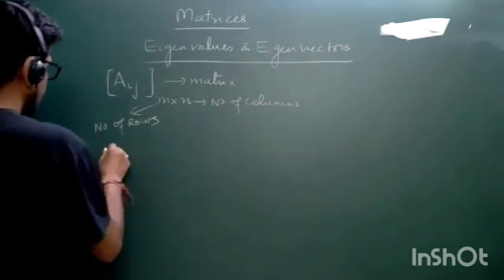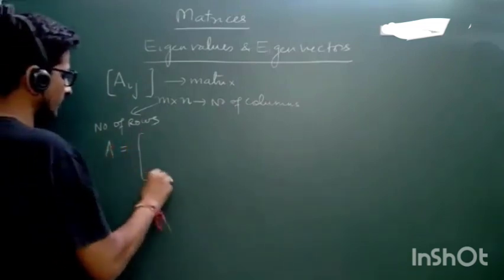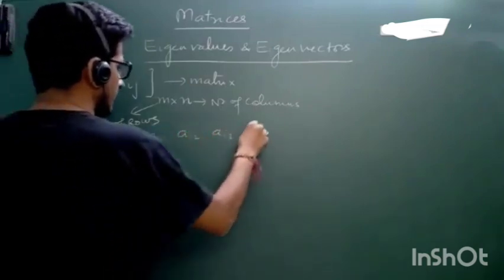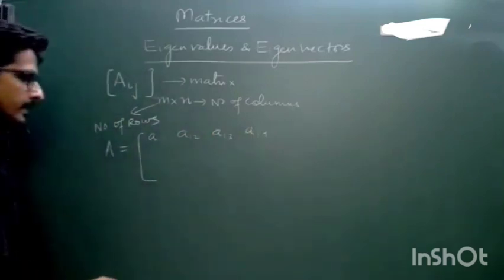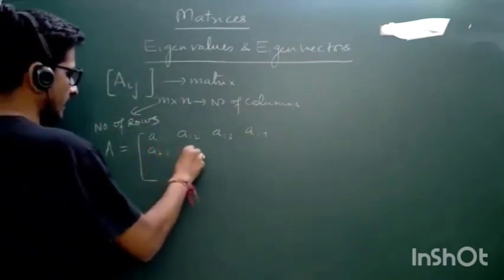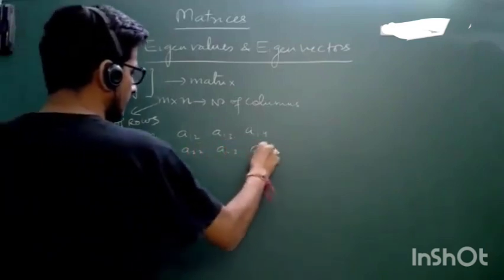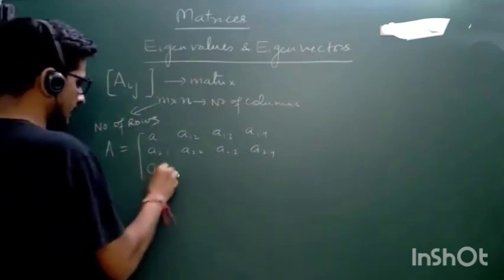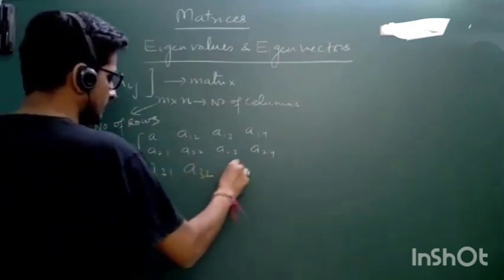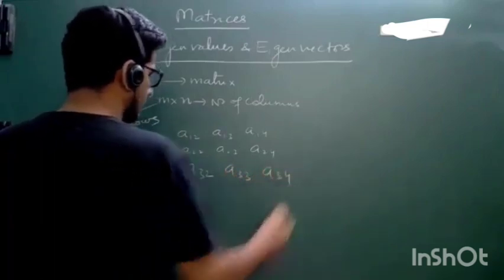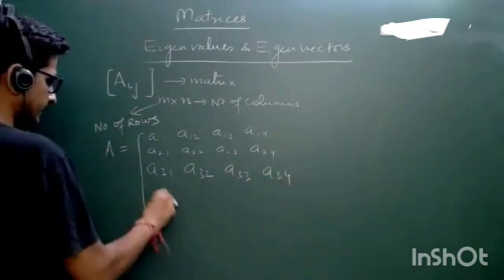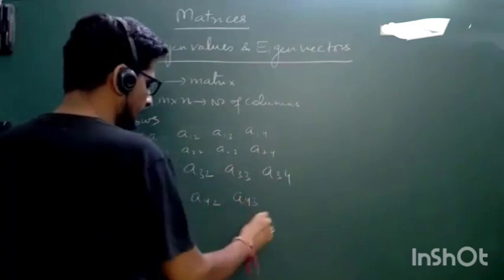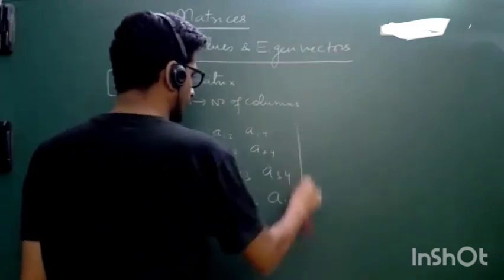So suppose I write a matrix like this: A is equal to some a11, a12, a13, a14, and then a21, a22, a23, and a24, then a31, a32, a33, and a34, and a41, a42, a43, and a44.